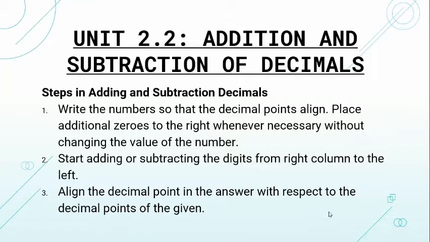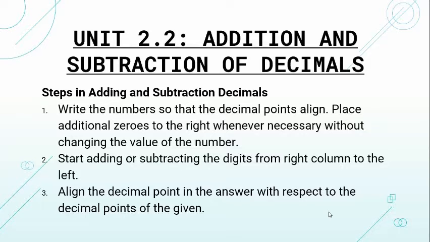Okay, so in addition and subtraction of decimals, we're going to follow these steps. Basically, adding and subtracting are the same. It's just different in their operation. The first step is to write the numbers so that the decimal points align.